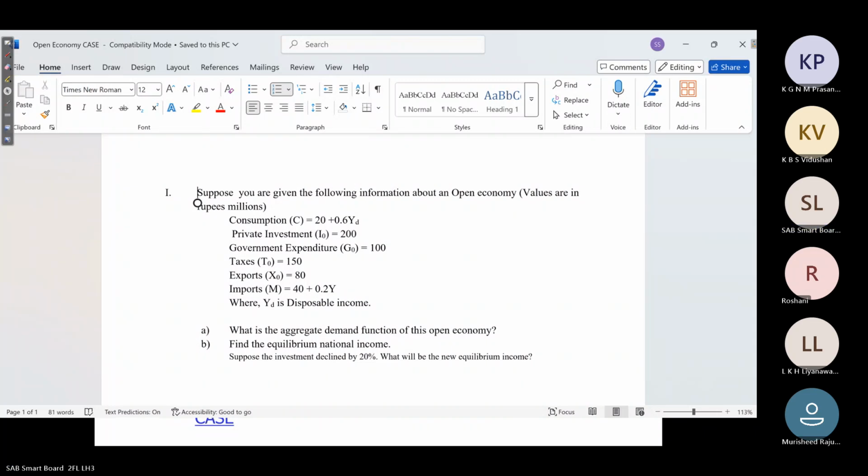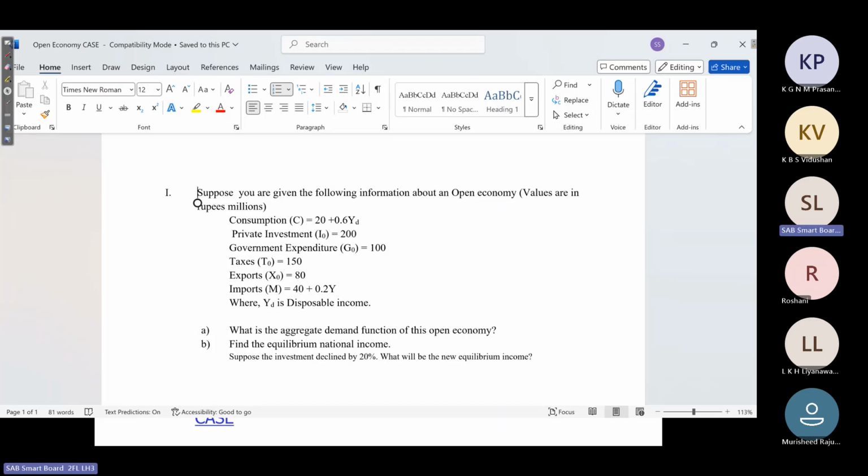Y means 270 divided by 0.6, 450. Is it correct? I get 450.